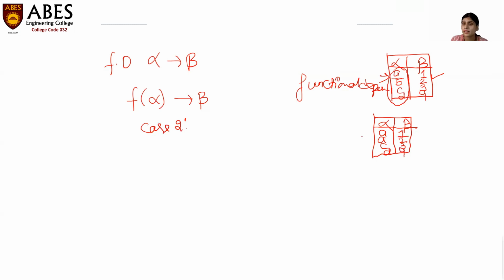If I ask you the same question, that if the value of alpha is A, can you tell me the value of beta? Clearly from this table we can see that the value of alpha as A is repeated multiple times.